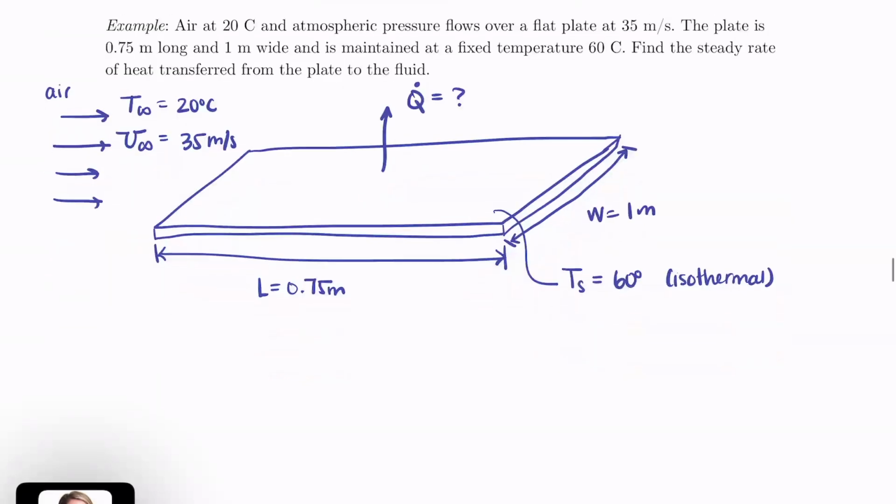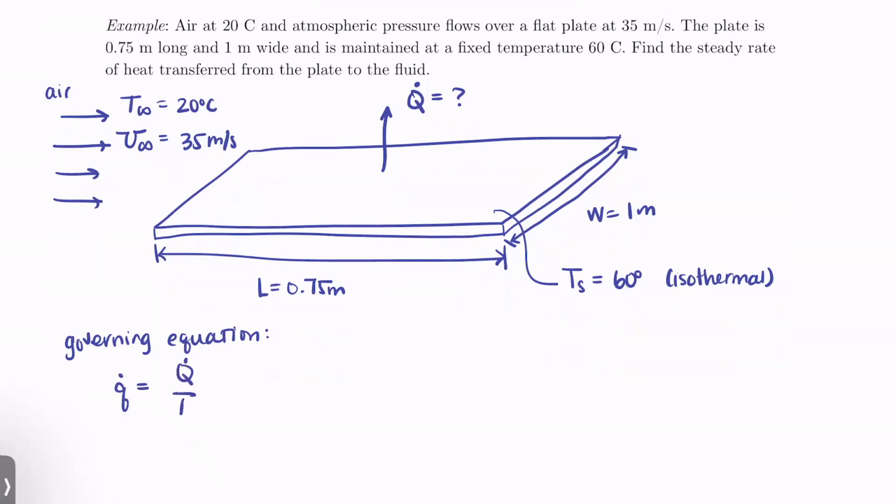Okay, so our governing equation is just Newton's law of cooling. So we have Q dot is equal to capital Q divided by A, which is equal to h times (Ts minus T infinity).